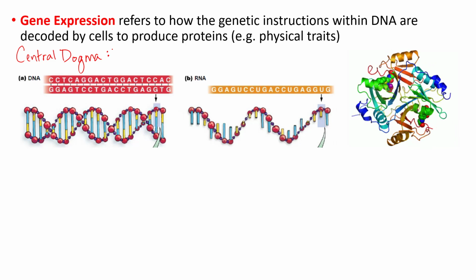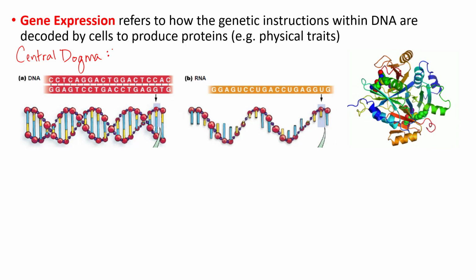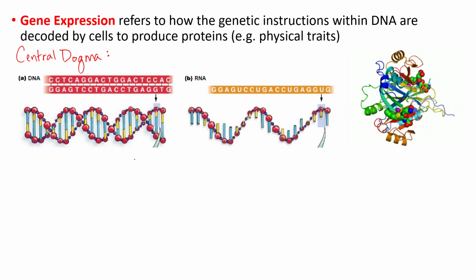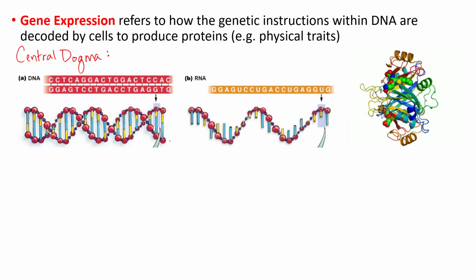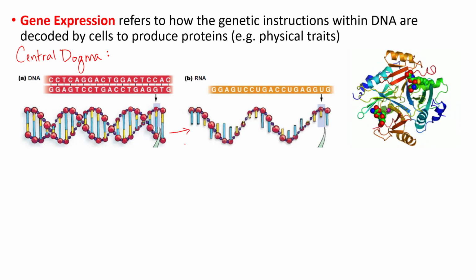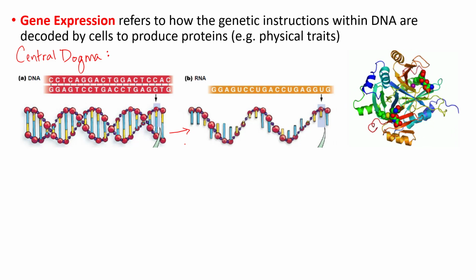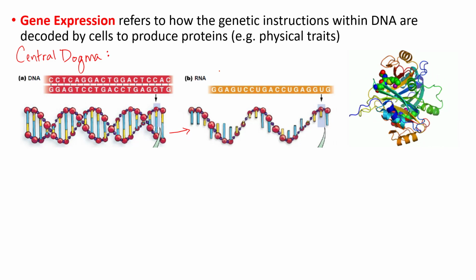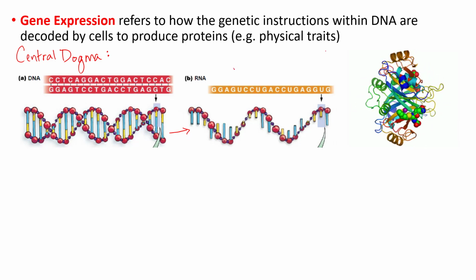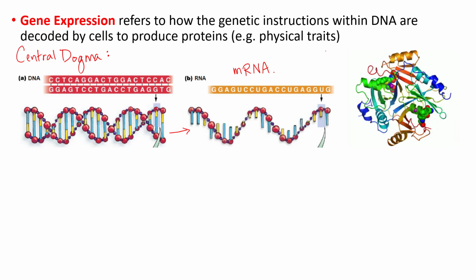It begins with the DNA molecule holding the instructions for your traits, and that DNA molecule is then copied into temporary molecules that we call RNA. Specifically, when we see that copying off of the DNA of specific genes, we call that mRNA, for messenger RNA.